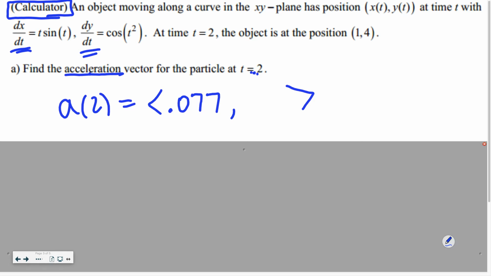I was evaluating because I already found it. That's okay, there's not a problem with that. Another one: math 8 of cosine of t squared at t equals 2, and we get 3.027.